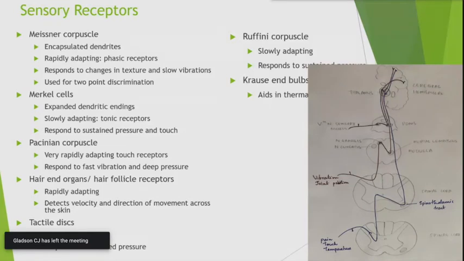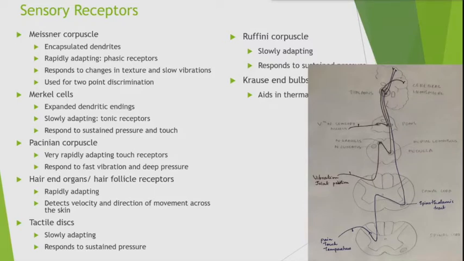So you already said pain and temperature comes there. It goes up for a few segments, anastomose there, and then crosses to the opposite side. First it goes to the dorsal root ganglia. From there it goes up, and after a few segments it crosses to the opposite side.